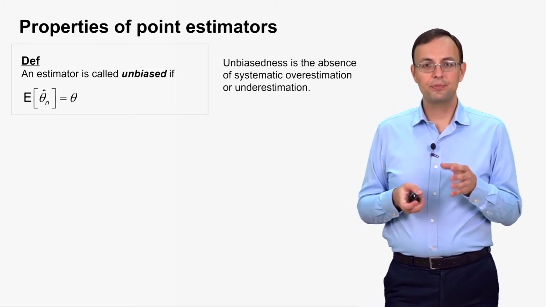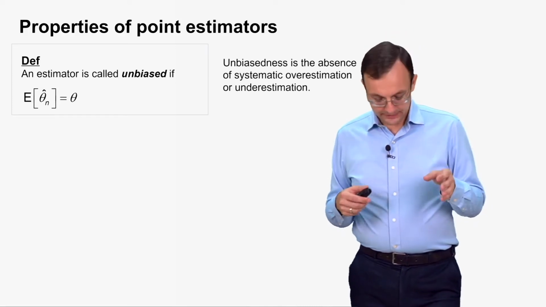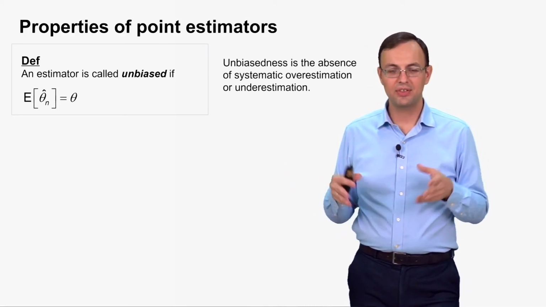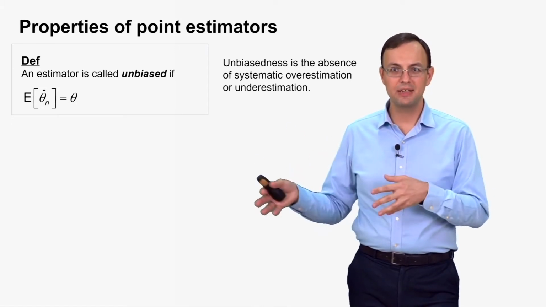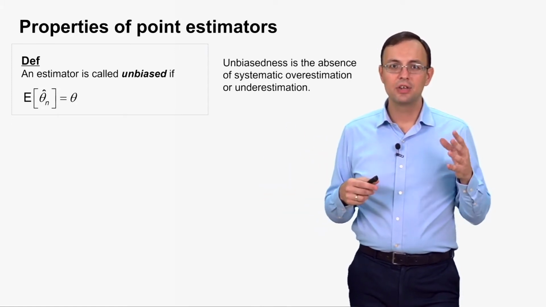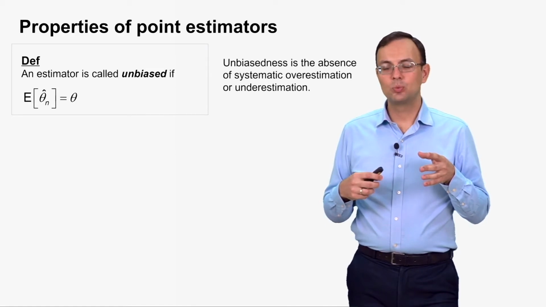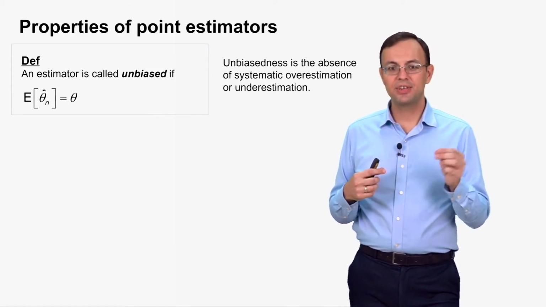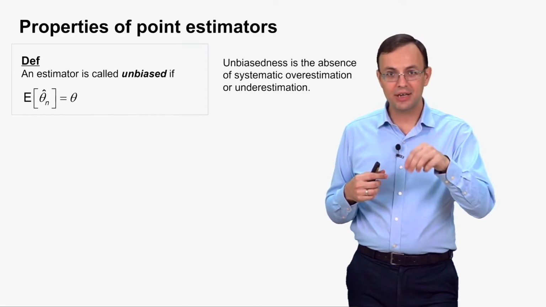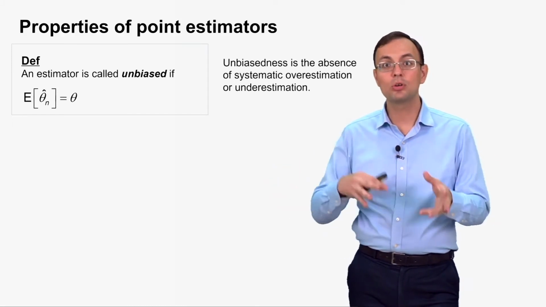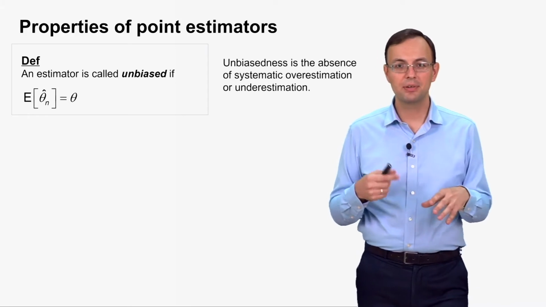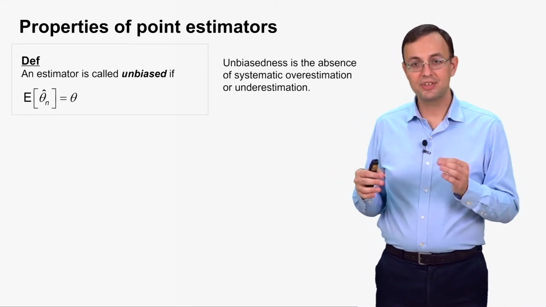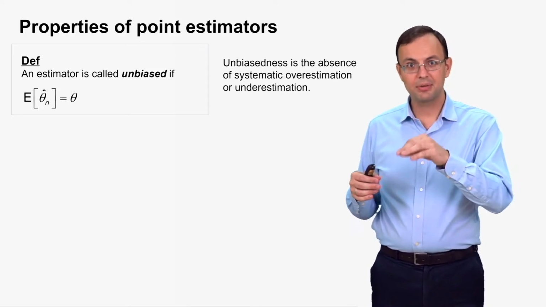So if, for example, we measure the table length 100 times and then calculate the arithmetic mean of these measurements, and we see that we get a number that is greater than the real table length more often. So, for example, in 60% of cases, we get a number that is more than the real table length.